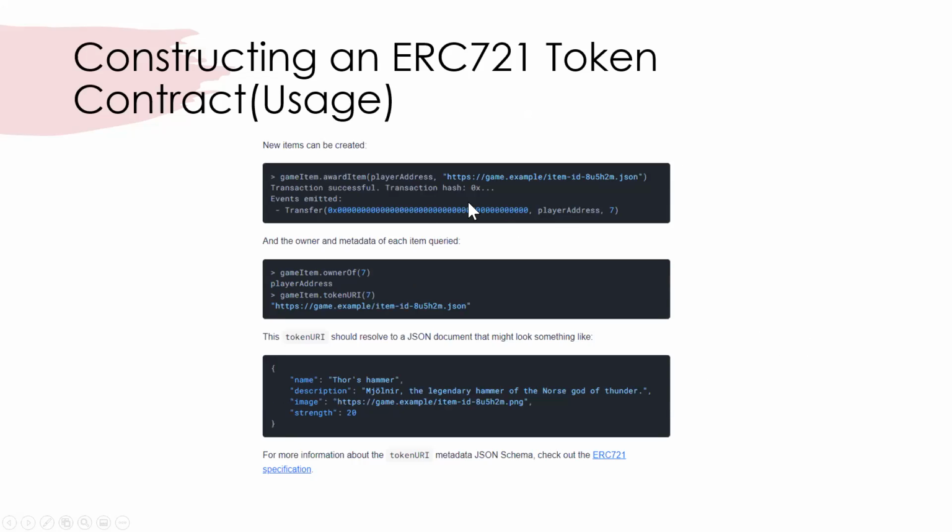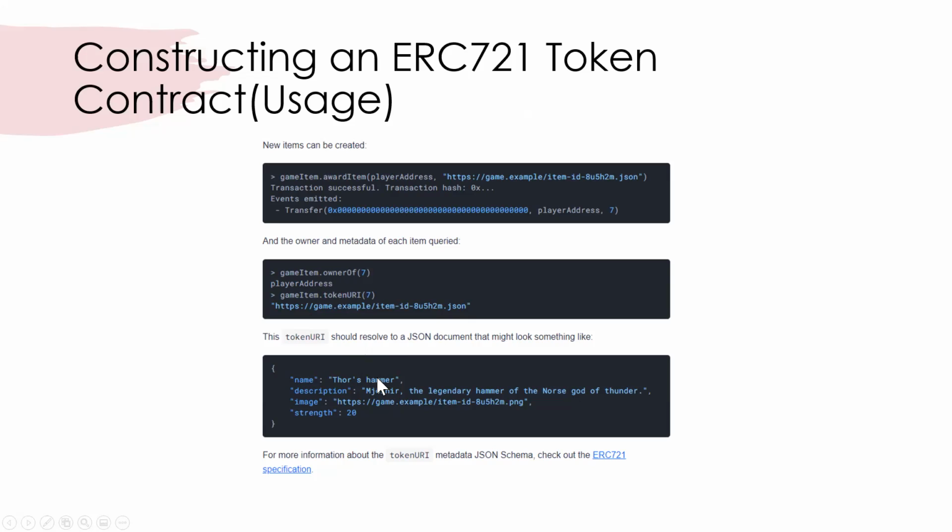So that's essentially what this does. It transfers it to the blockchain, I think. And then if you query the owner of that item, it returns the player address, and if you query the token URI of that item, it returns the URI. Inside that URI, if you go into that JSON file, it's going to show this.